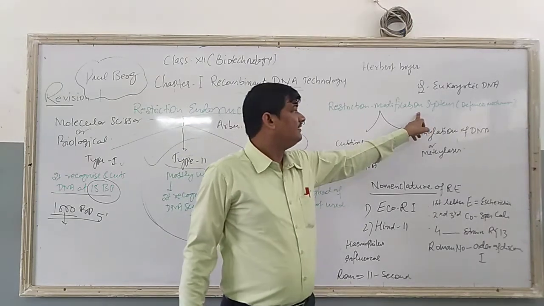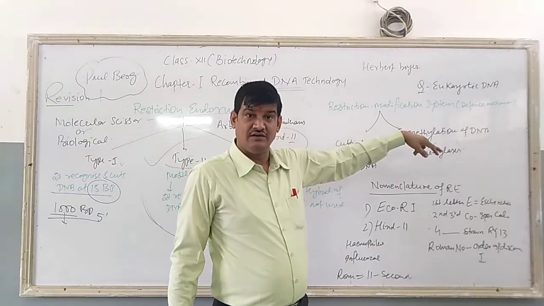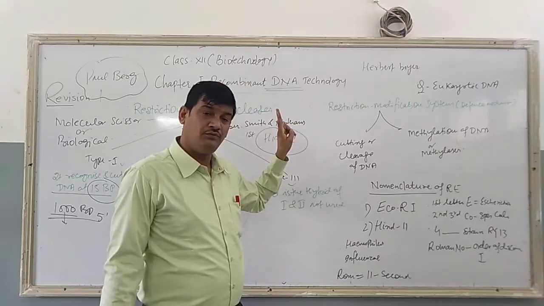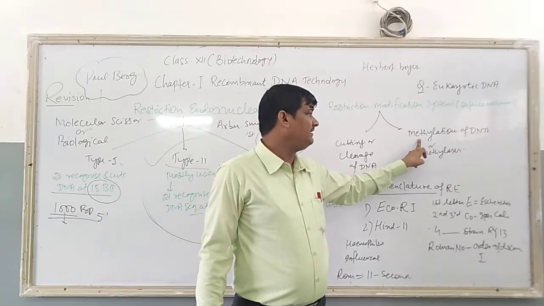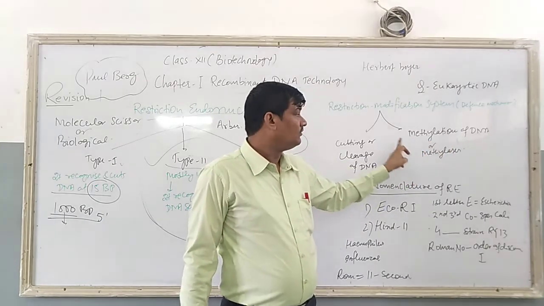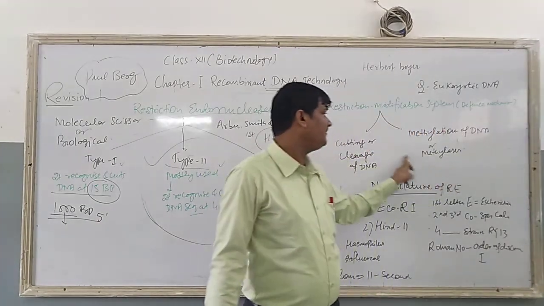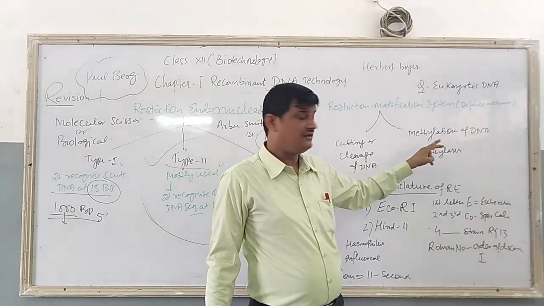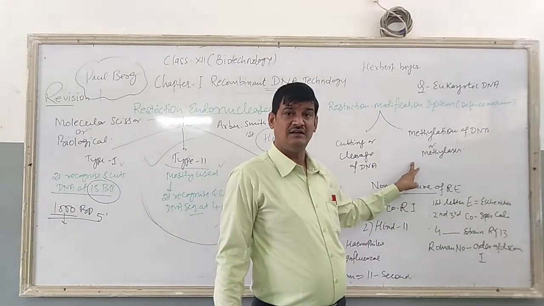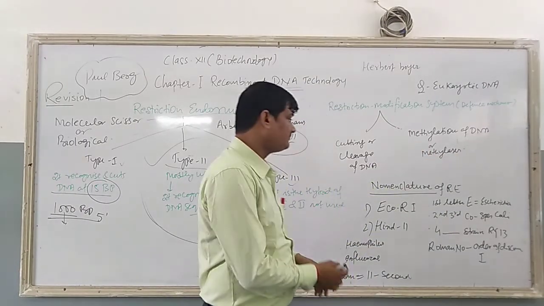Second is methylation. So it has two jobs: one is cutting or cleaving the DNA strand, and the second is methylation of DNA. But if the DNA is methylated, it cannot be cut by the restriction enzyme.